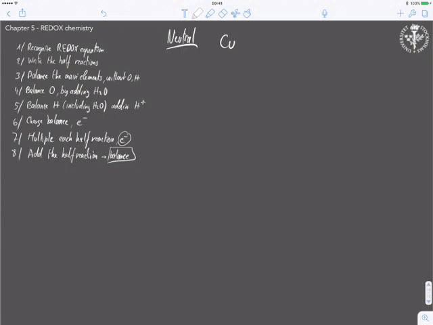We have copper aqueous with oxidation state of +2, an ion, plus solid iron. So you're putting solid iron in a solution with copper. That will give you iron 3 plus aqueous and precipitation of copper solid.